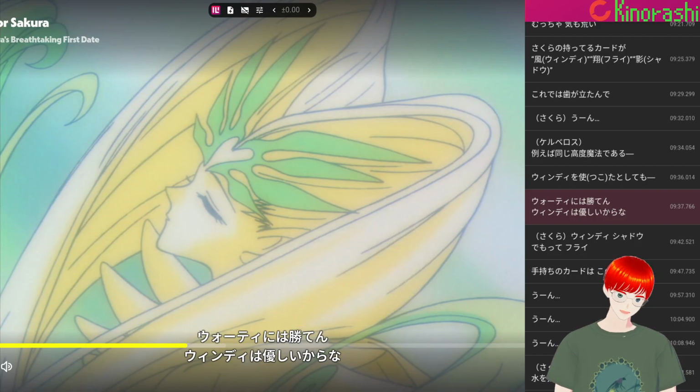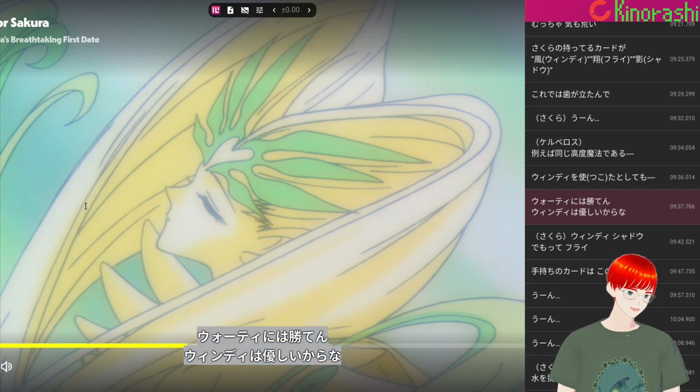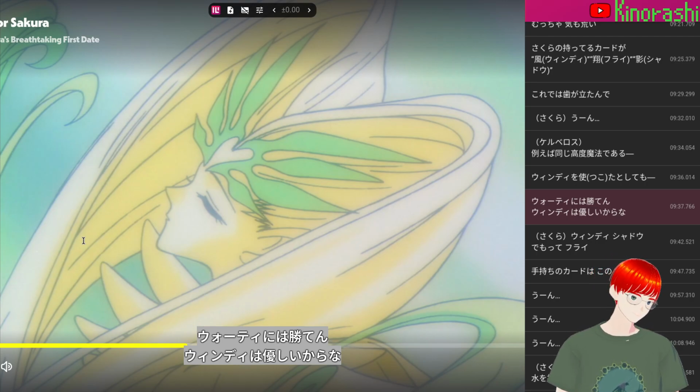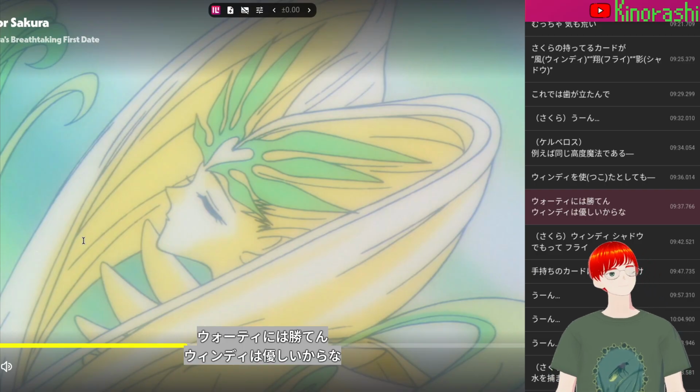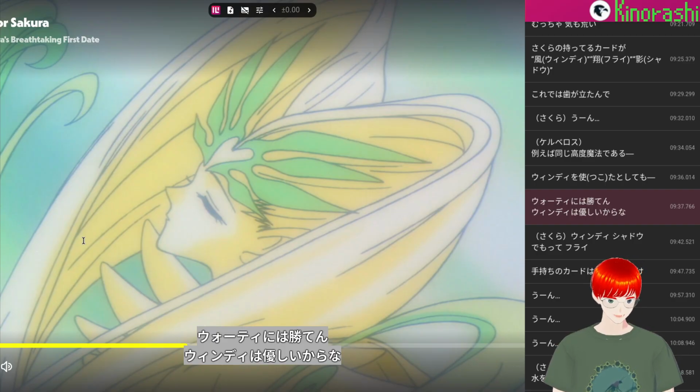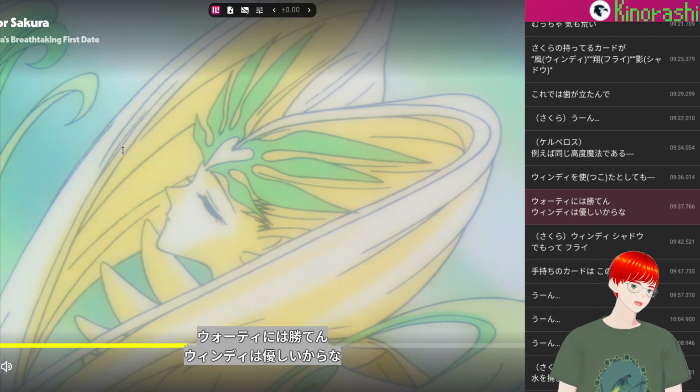It sounds like it's saying Watty would not be able to win, but then, Watty's unbeatable, Windy is too kind. How? That's not win. How does that work? Because it says not win.